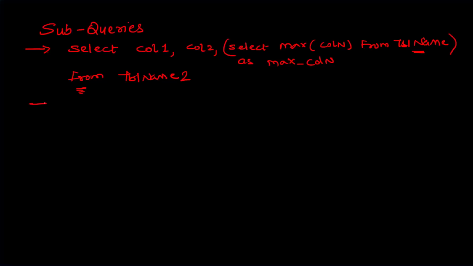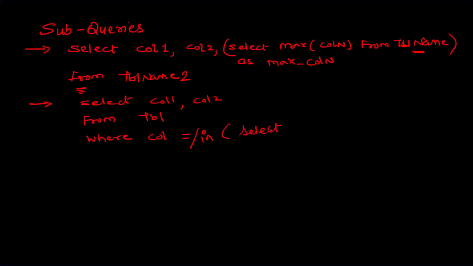Now the second usage, which is the most commonly used approach: select column 1, column 2 from table where you have some column equal to, or probably instead of equal to you may have an in clause, and then you use a query select.